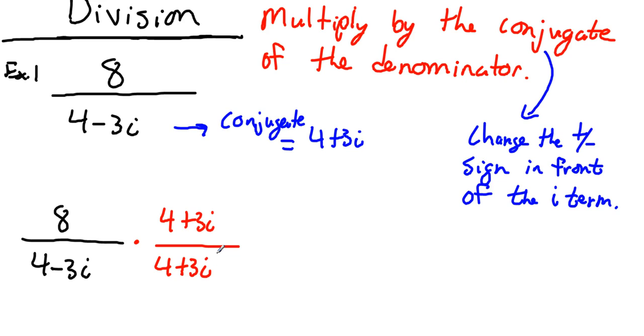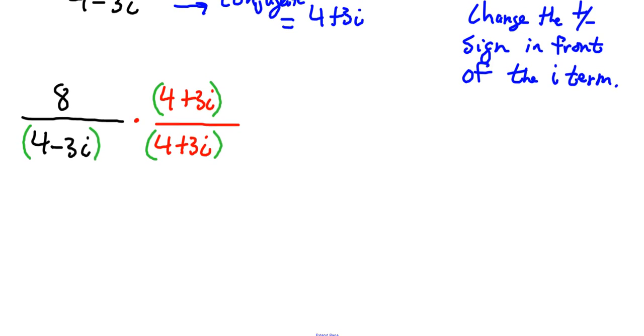The one thing they don't tell you is that whenever you've got this complex number with the 4 minus 3i, you really want to think about that number as being in parentheses. Because that's going to make it more like doing the full method, which is what we're going to do, just like with the multiplication problem. The difference is now you're doing the full method in the bottom part of the fraction.